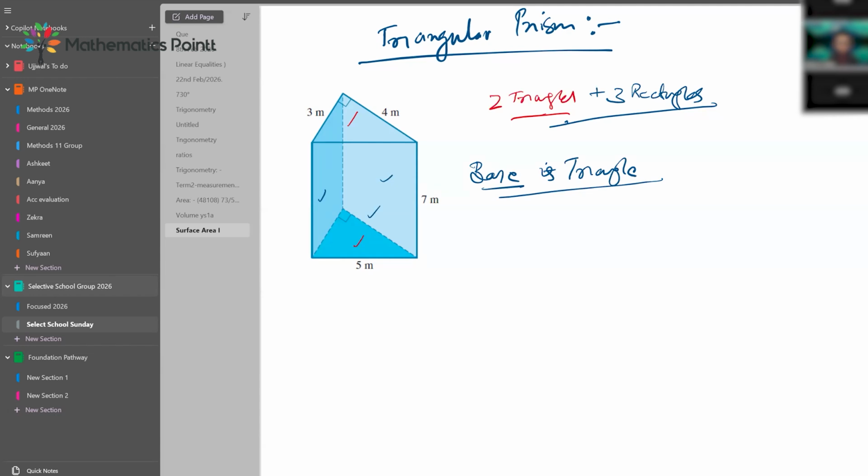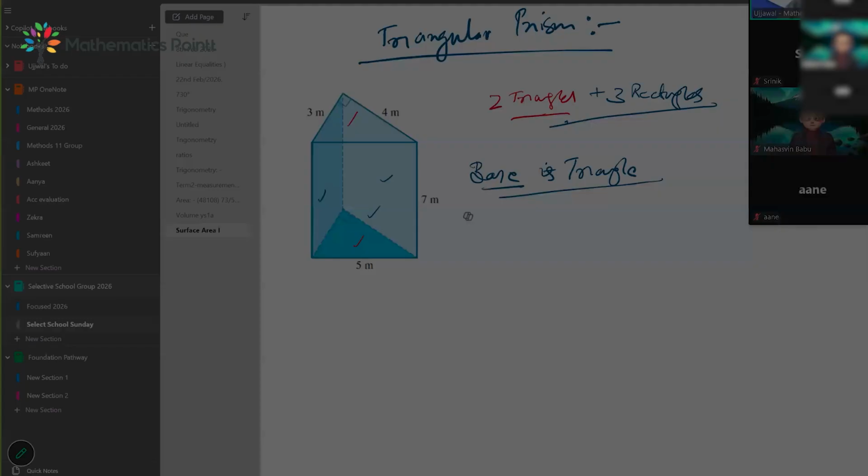All right? Okay. Now, how does it look when I open the faces of this triangular prism? I've got a snippet here I can share.